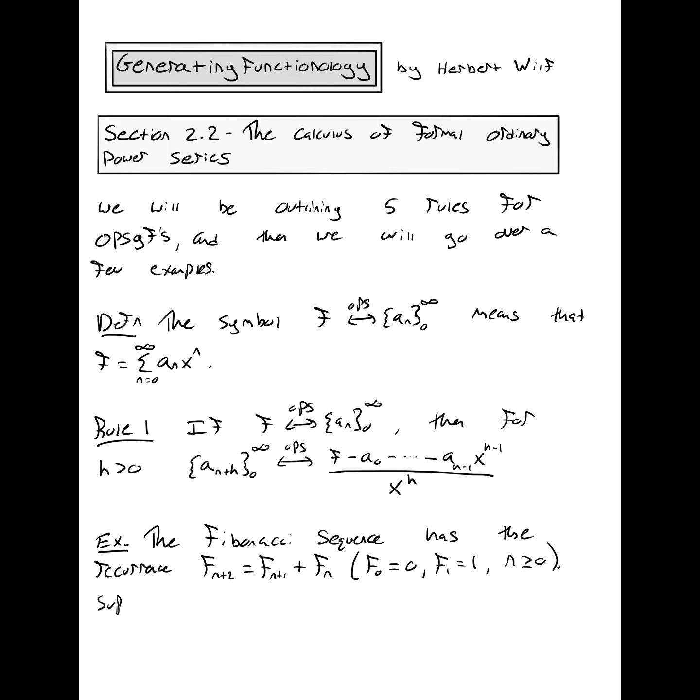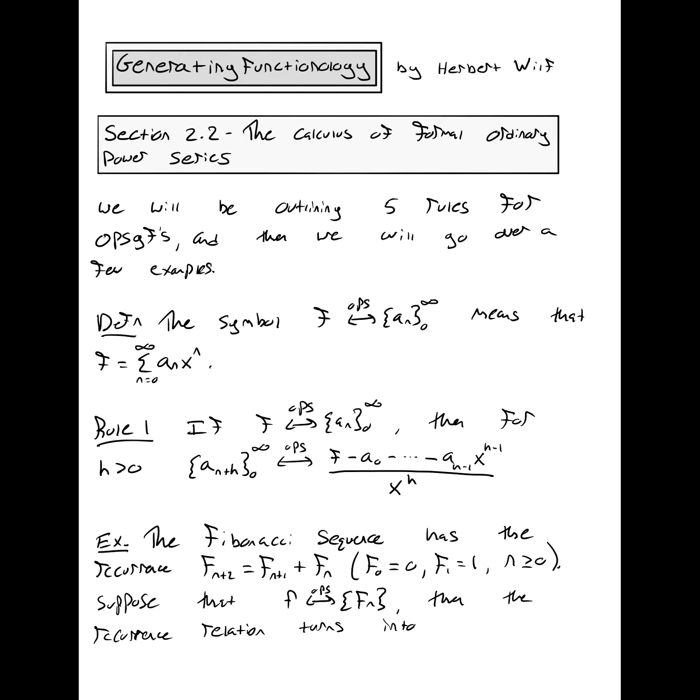So suppose that little f is the ordinary power series generating function for the Fibonacci sequence. Then the recurrence relation turns into, let's see this.